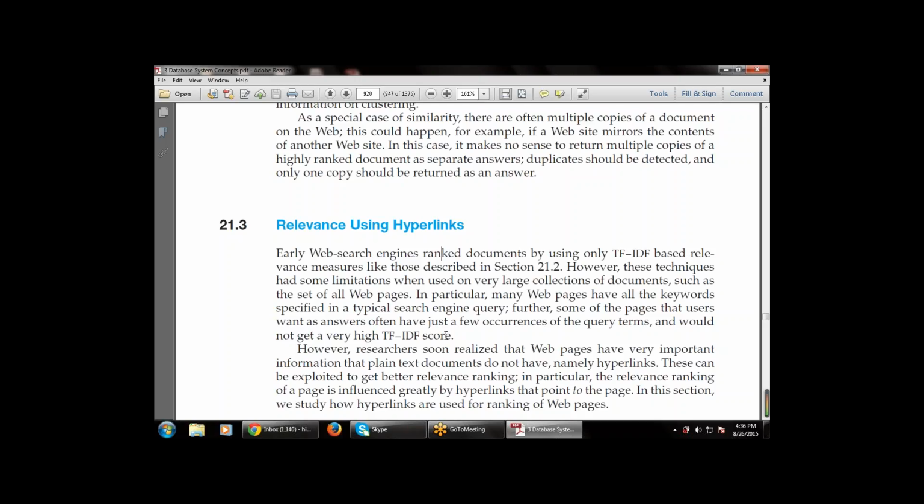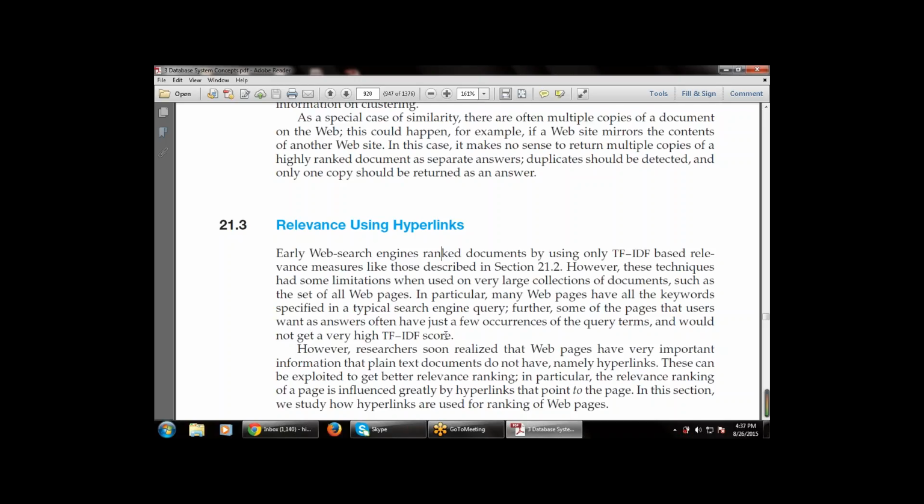If I search for any information in a web search engine, it returns multiple results, and the ranking of the documents, the first link, second link, third link, is defined by the TF-IDF based relevance measures already defined in section 21.2.